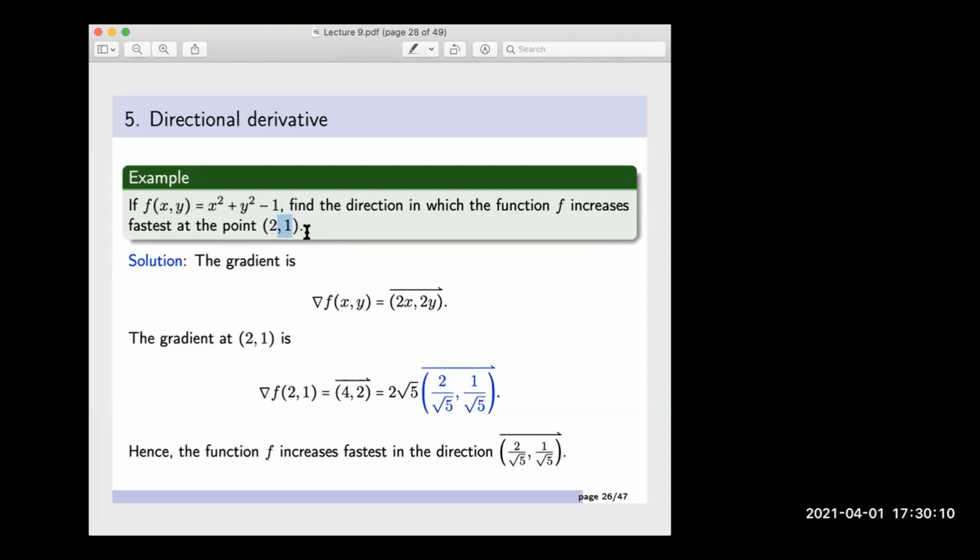We want to find that direction. Note that direction means unit vector. We want to find a unit vector.